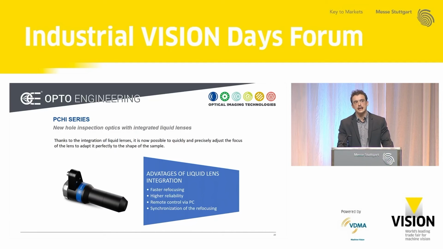Liquid lenses basically allow you to change the working distance of the lens, so you can refocus the lens at a different working distance. For normal lenses, this is extremely interesting, but for such kind of lenses, this is even more significant, because when you change the working distance, you also change the shape of the field of view that you are acquiring, meaning that you can adapt the lens to the sample that you are inspecting.